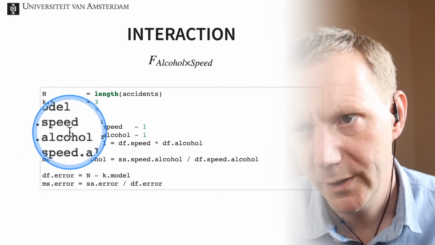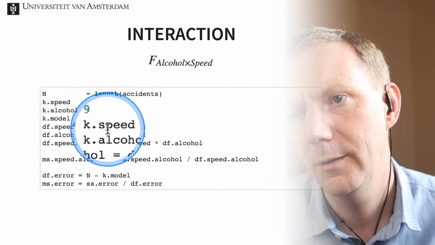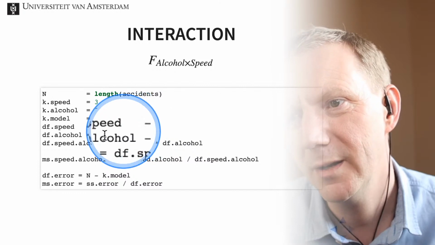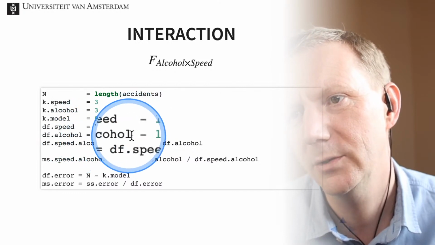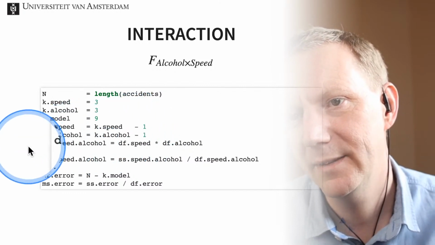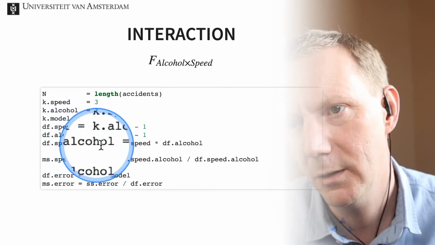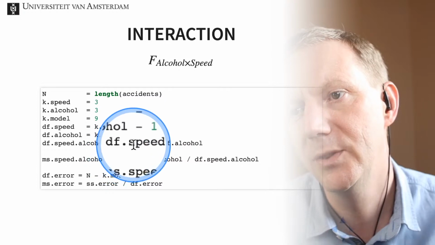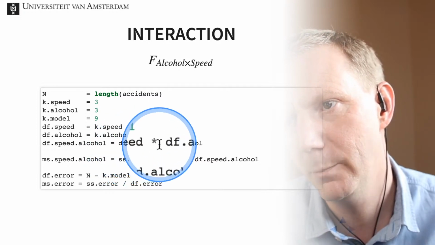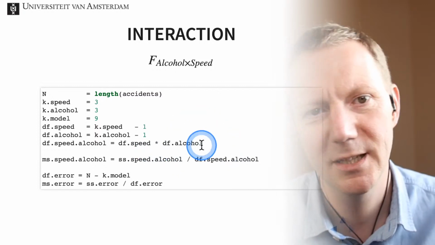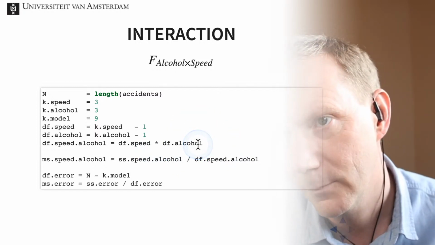We need the degrees of freedom for speed and for alcohol. Well, that was the number of groups in the speed condition minus 1 and the number of groups in the alcohol condition minus 1, and the degrees of freedom for the interaction of speed with alcohol is the degrees of freedom for speed multiplied by the degrees of freedom for alcohol, and that is equal to 9, of course.